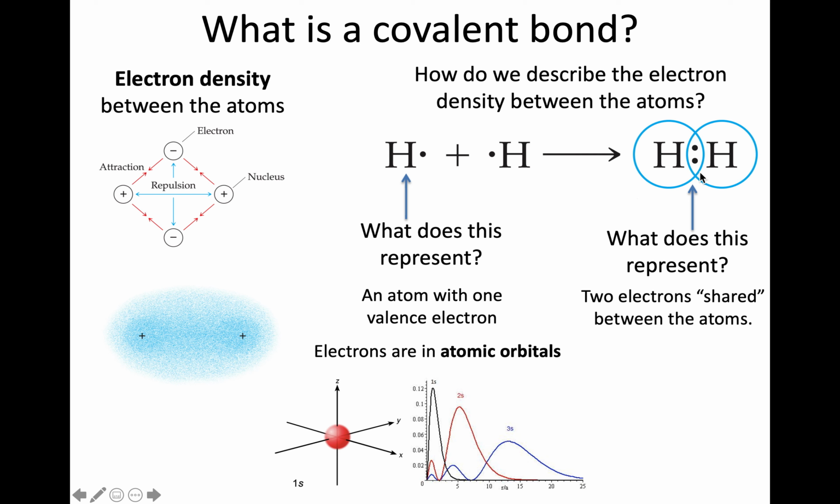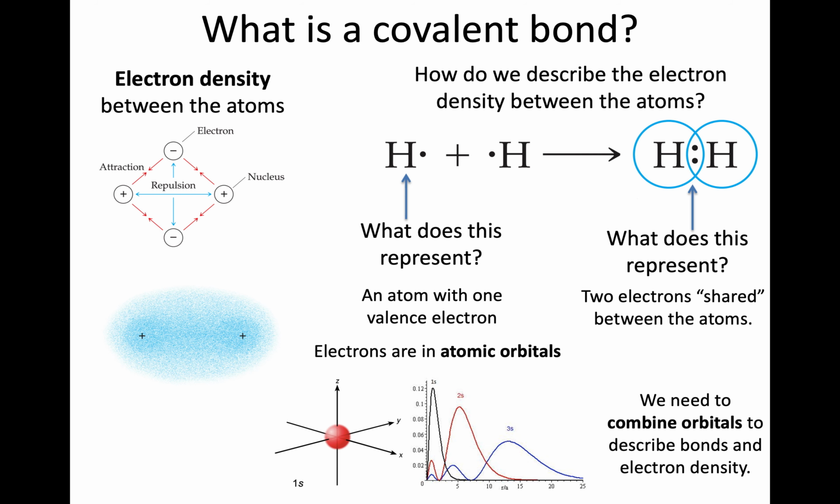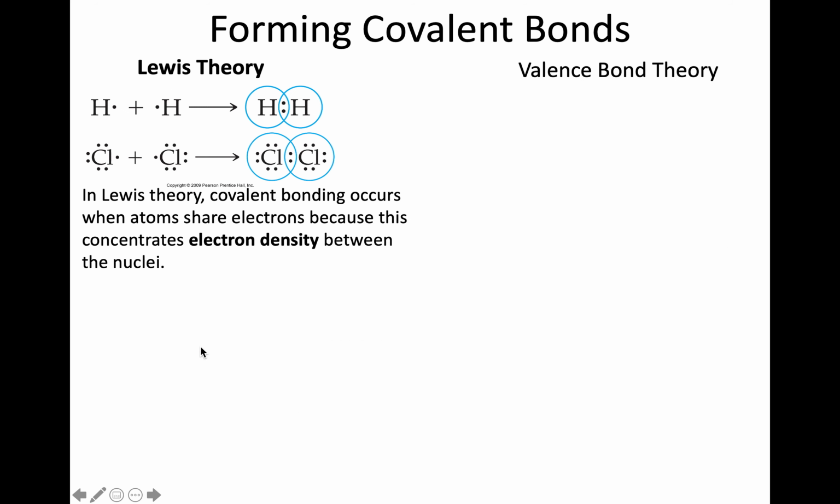But we know more than that. Electrons, as we've seen, are in atomic orbitals. So now what we need to do is have a bonding theory that describes how we can combine the atomic orbitals to describe the formation of bonds and the resulting electron density that's found between the nuclei. So we've been discussing this idea of electron density being found between the two nuclei.